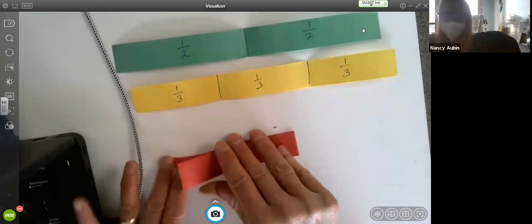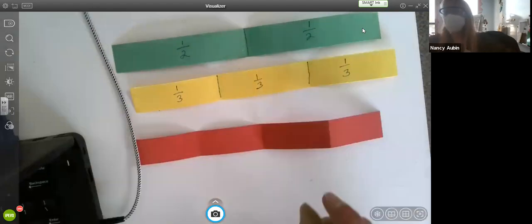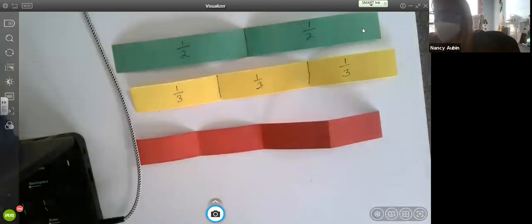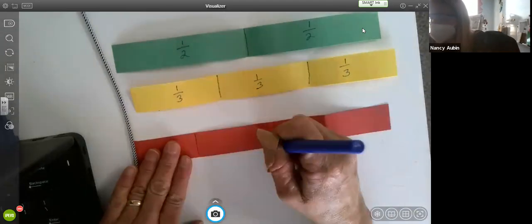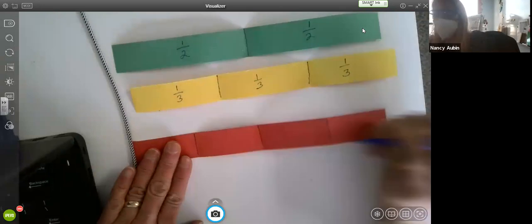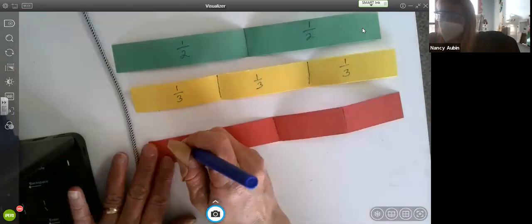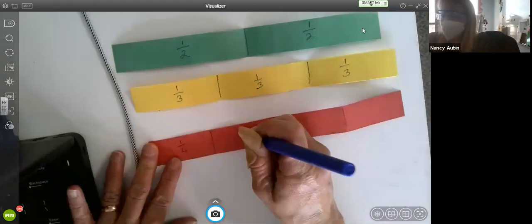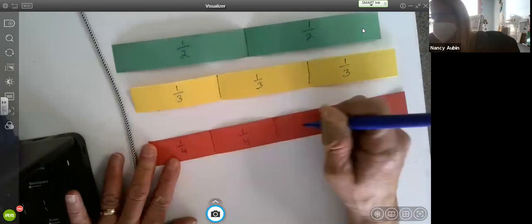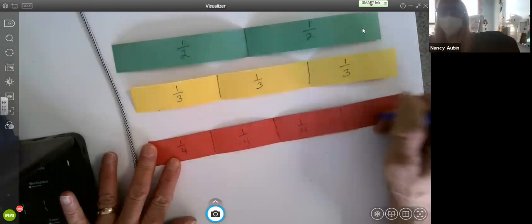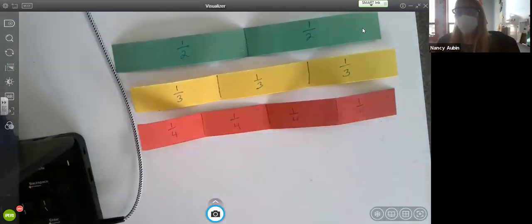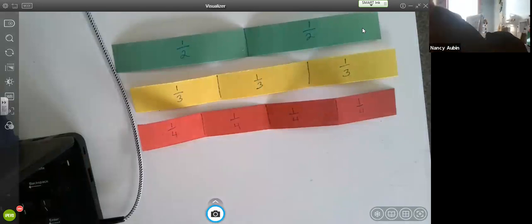So you do it in half, do it in half again, and then you have fourths. So 1/4 plus 1/4 plus 1/4 plus 1/4 equals how many fourths? 4 fourths or 1 whole?